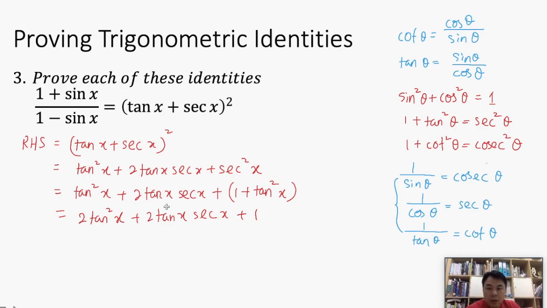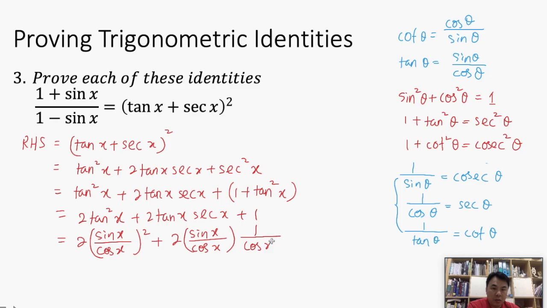And then finally, because the left hand side only shows sine, I might want to turn the tangent into sine over cos square, and then do the same for this. Secant, as we know, secant is 1 over cosine, so I'm going to put that. Plus 1.